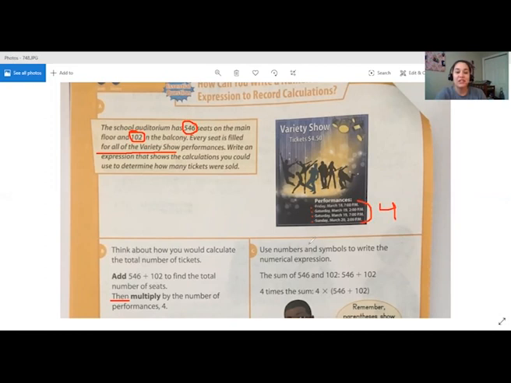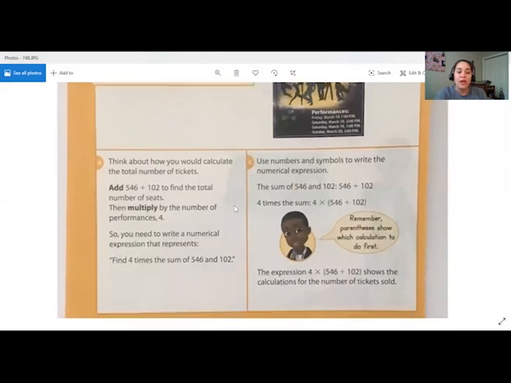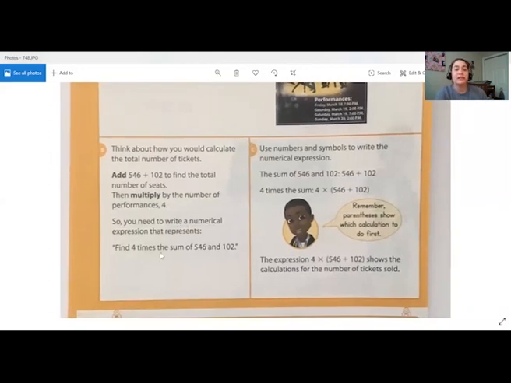And then our last section down here says use numbers and symbols to write the numerical expression. So we're going to write our expression for find 4 times the sum of. First we're going to find the sum of 546 and 102, which we would write as 546 plus 102. Then we're going to do 4 times the sum.